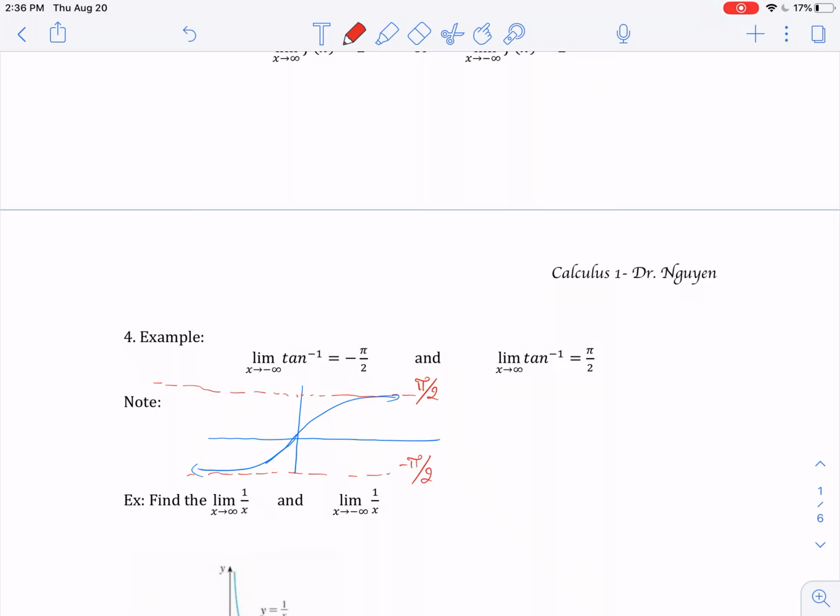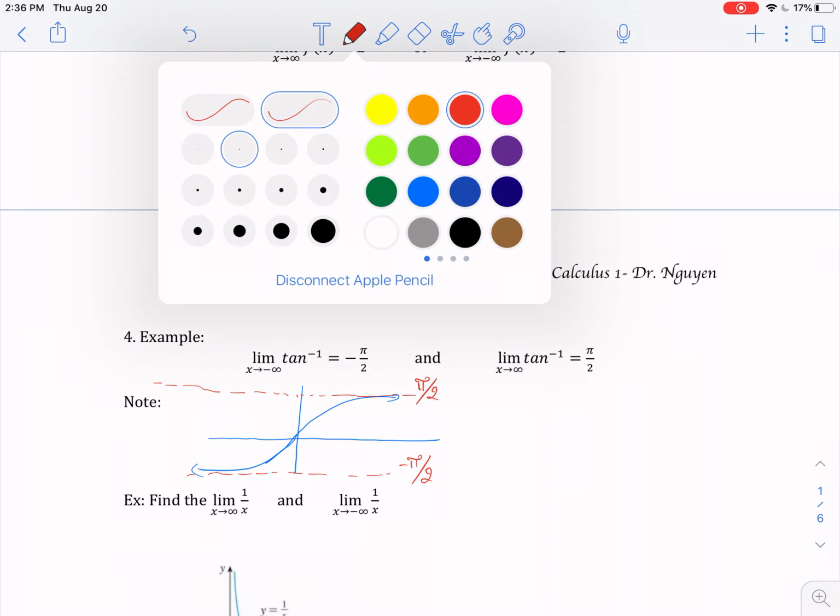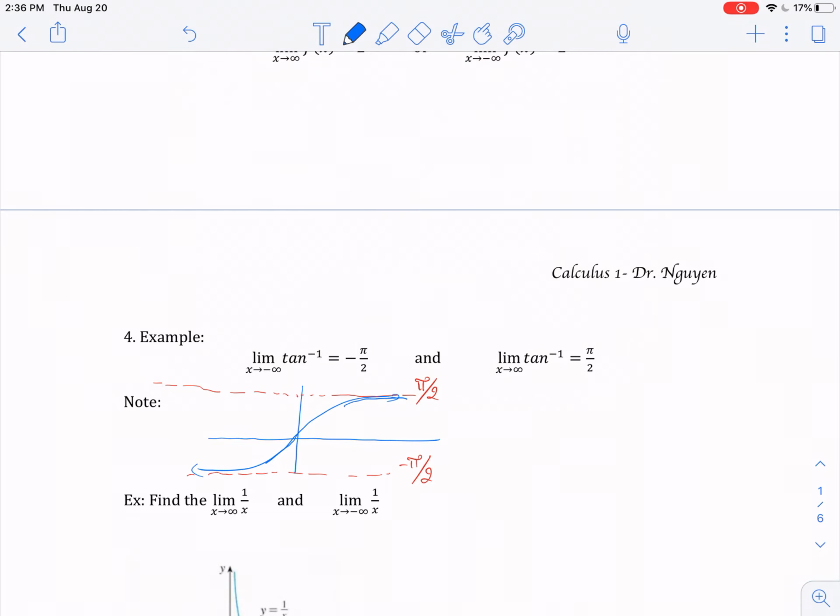So you see the function is approaching that line, and approaching this line when x approaches negative infinity. So as you can see, those two lines are the horizontal asymptotes for the arctangent function.